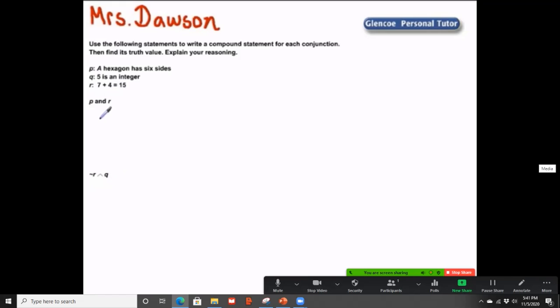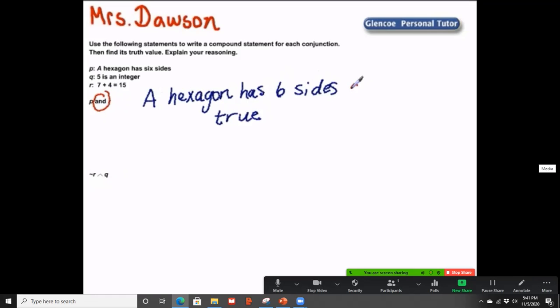Let's begin with the first one. Statement P is a hexagon has 6 sides. That statement is a true statement. A hexagon does have 6 sides. Now we're looking at the and.